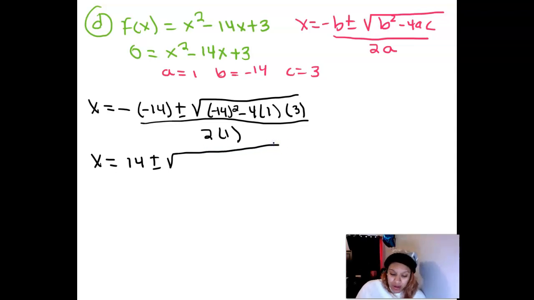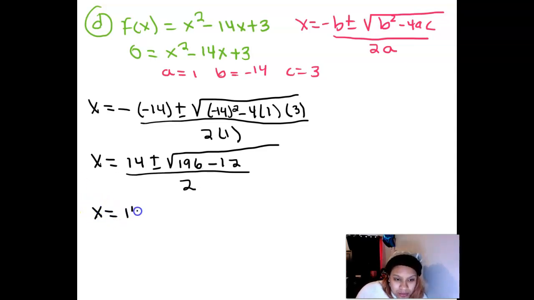Inside the square root, we're going to work one step at a time. Negative 14 squared gives you positive 196. Then negative 4 times 1 is negative 4, times 3 gives you negative 12. And then 2 over here. Then we subtract the 12 from the 196, and that gives you 184 over 2.